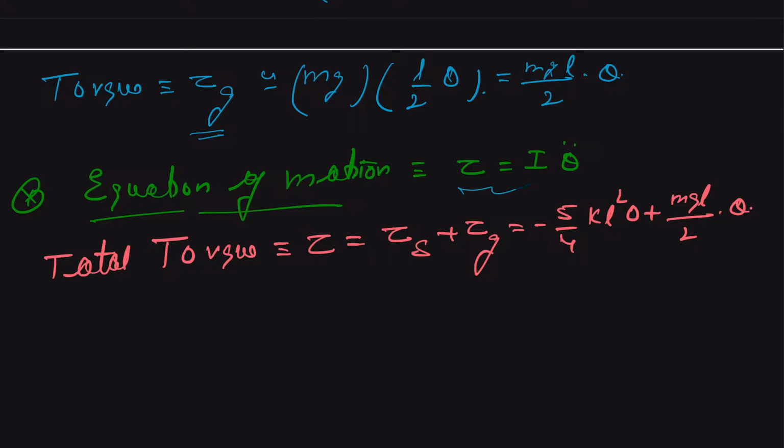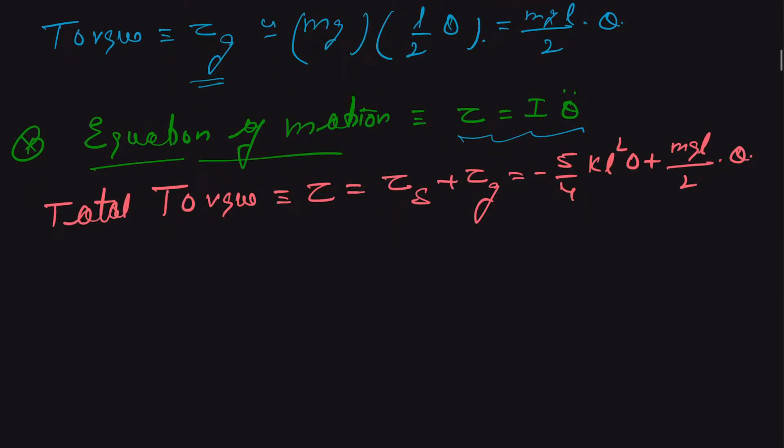And substituting in the equation, the moment of inertia we already know is 1 by 3 m L square, times the double derivative of theta, and tau we just found out is minus 5 by 4 k L square theta plus mgL by 2 times theta.